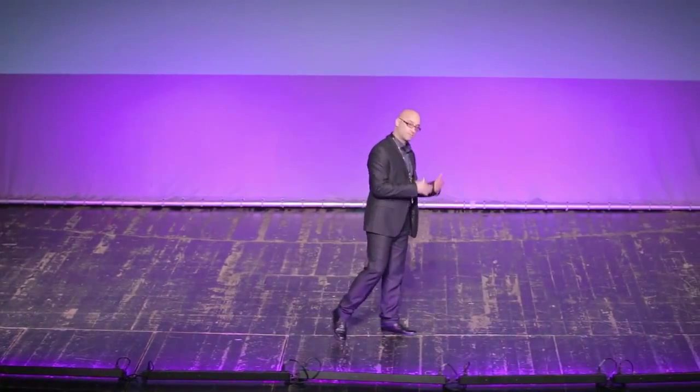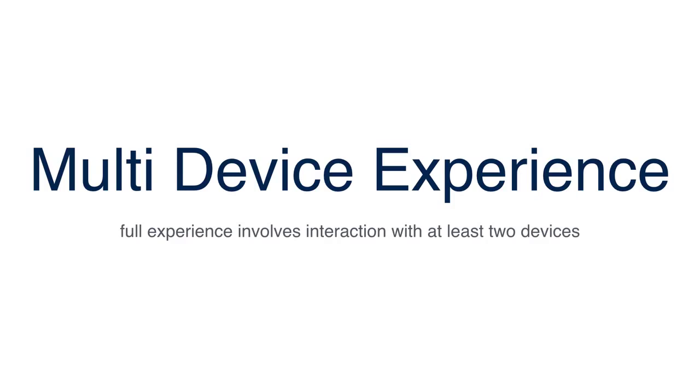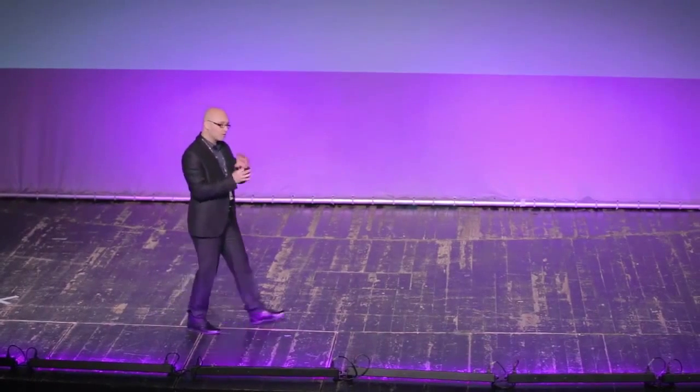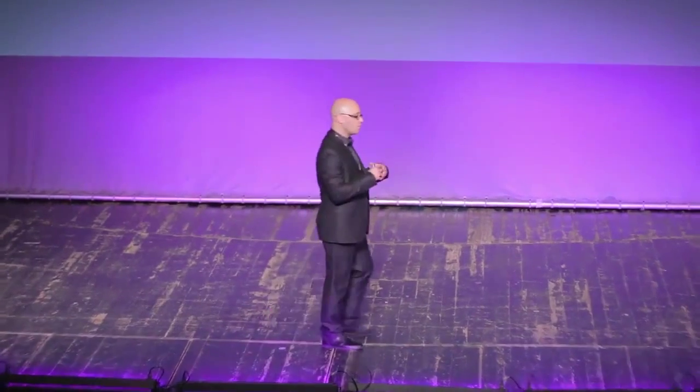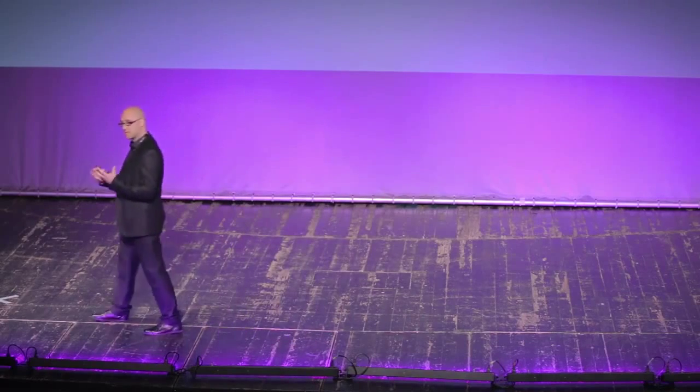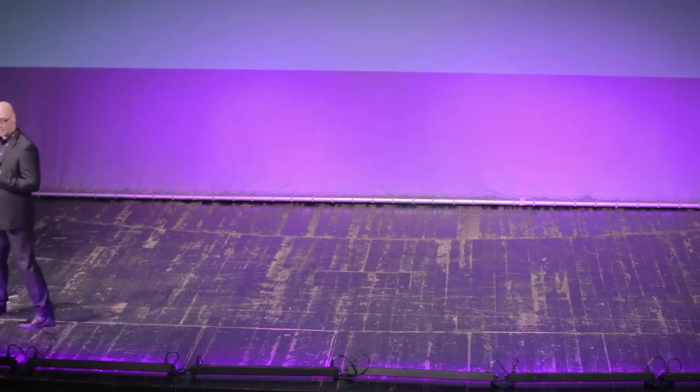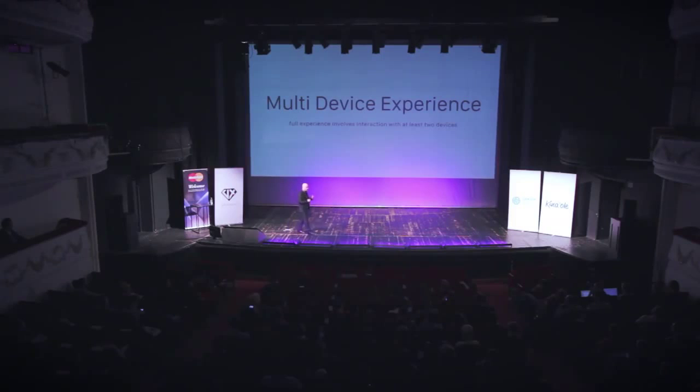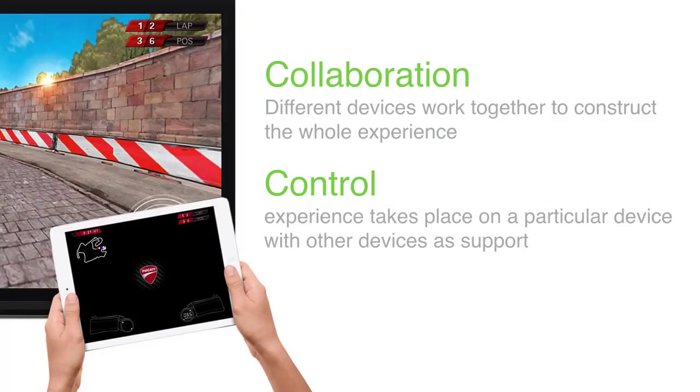Without it, it's not the same. The landscape here is defined. What this kind of interaction defines is a multi-device experience that is defined by two or more devices, okay? Most of the time they are used simultaneously, because that's the sense of this kind of experience.